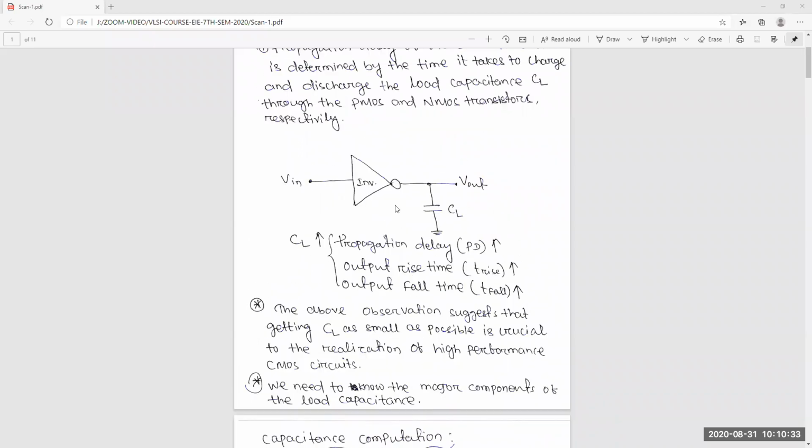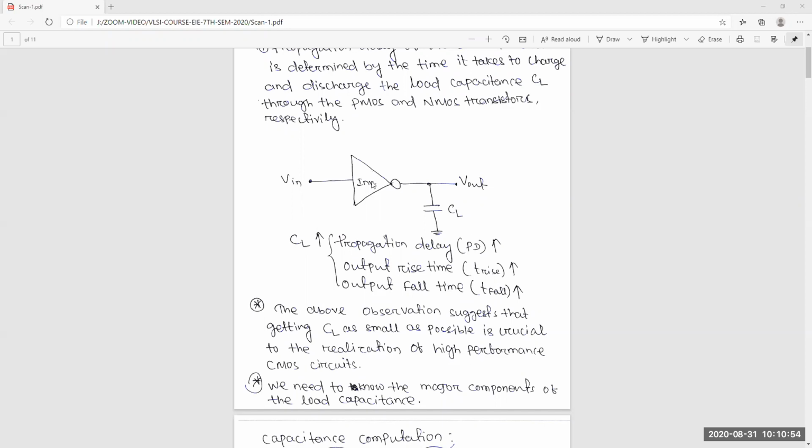Yes, sir. We'll go one by one how this CL component comes from, and also how the charging and discharging happen, how it will take time, the transient behavior of that RC circuit. Inside an inverter, you know one PMOS is there, one NMOS is there.